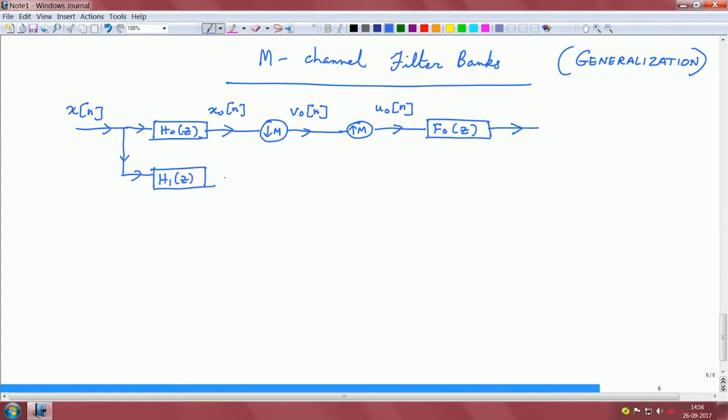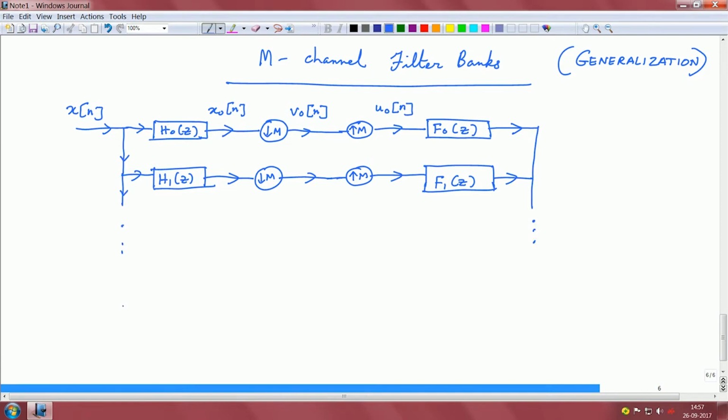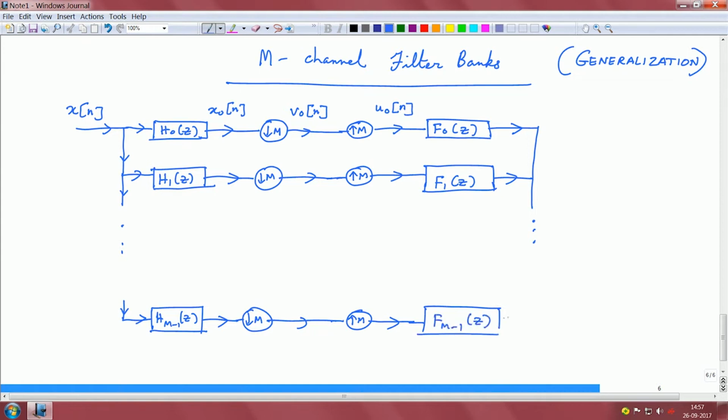We have h1 of z, we have a downsampler, we have an upsampler, filtered through f1, we have h m minus 1 of z, a downsampler, an upsampler, a synthesis filter f m minus 1 of z.